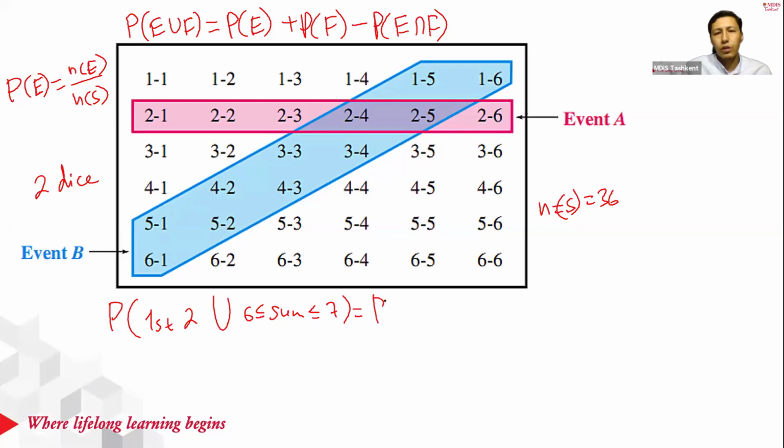If you have such questions, then you have to use what? Union rule. So first is 2, plus sum is between 6 and 7, minus the intersection: first 2 and at the same time sum is between 6 and 7.